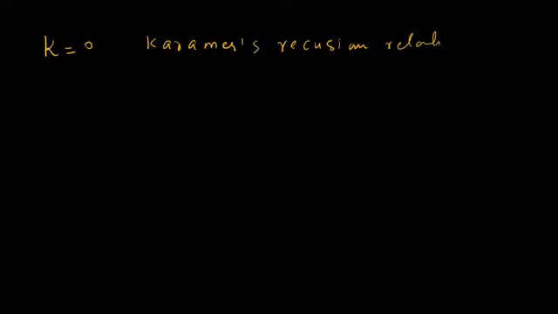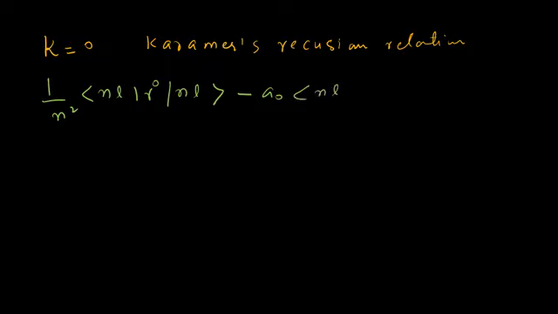For example, if we put k equal to 0, then the Kramers recursion relation becomes 1 over n square <n l| r power naught |n l> minus a naught <n l| r power minus 1 |n l> is equal to 0.